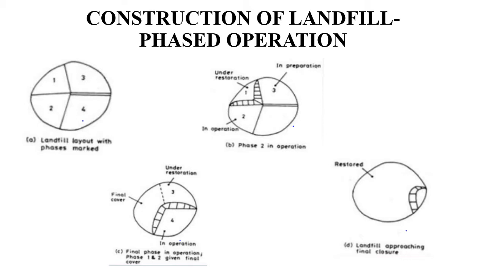Here, as you can see, sub area 1 or phase 1 is already constructed, and now phase 2 or sub area 2 is under active filling. While this is being actively filled, phase 3 or sub area 3 is under preparation for receiving the waste material, and phase 4 or sub area 4 is completely left undisturbed. So phase by phase you will be completing the construction.